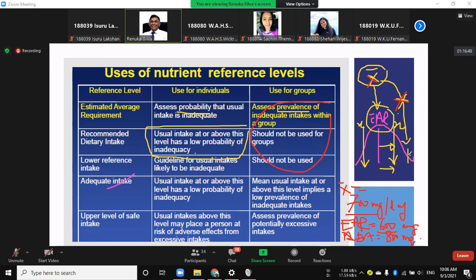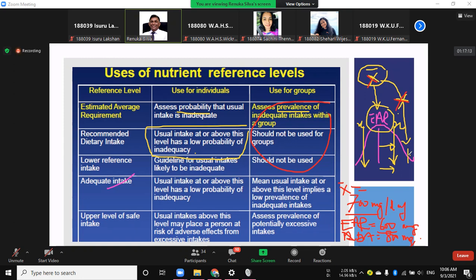The justification for all those things is very scientific. I will give you some extra readings. Some people may understand, some others may get a slight idea, but at least you should know it is wrong to compare the population mean value with RDA.